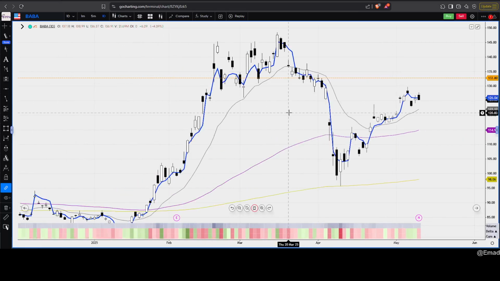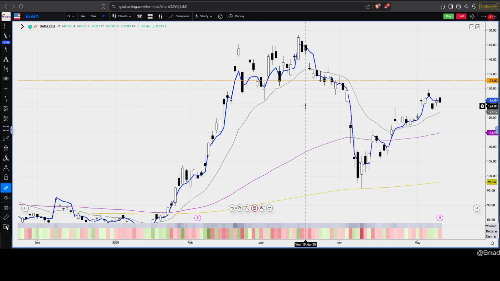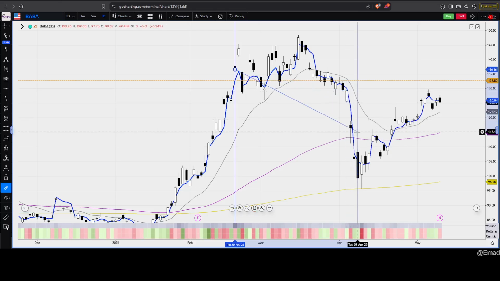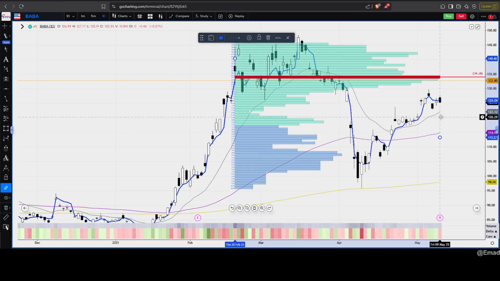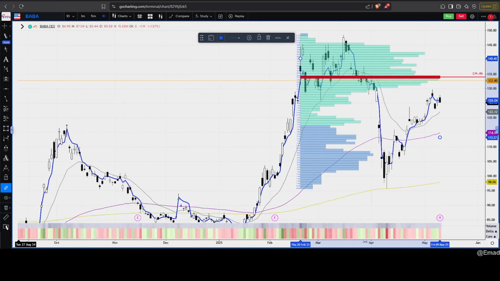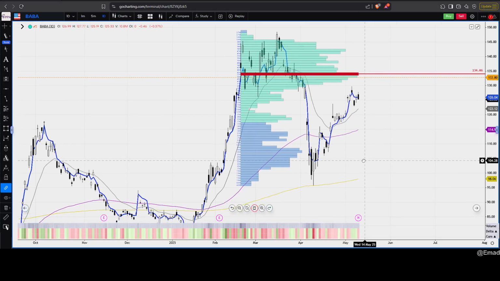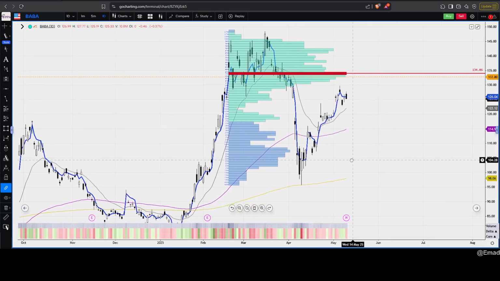Now we do a volume profile in this area. Let's go for the entire thing. Chart looks ugly. POC is here. You can see there's a volume gap in the area below 130.